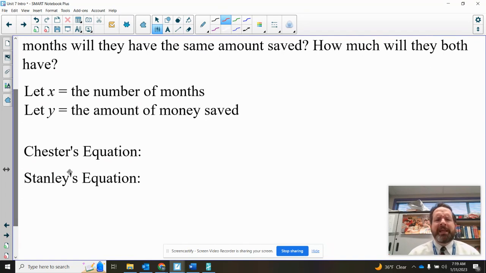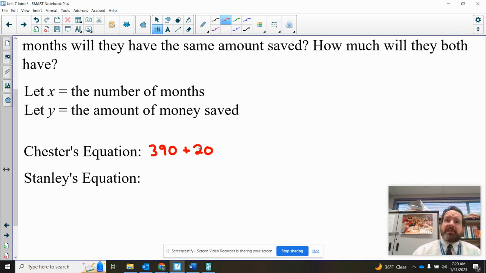Let's now think about how Chester and Stanley's money changes over time. For Chester, for example, he starts with $390. And then each month, he adds on to that $390 an extra $20. That means that after 1 month, I want the 20 to have been added on one time.